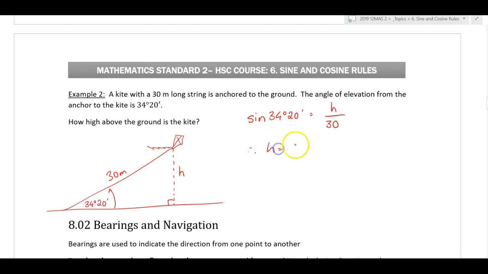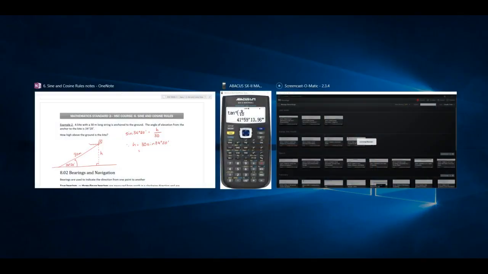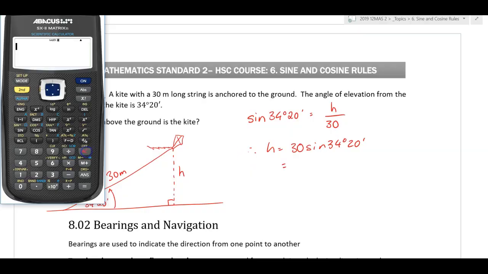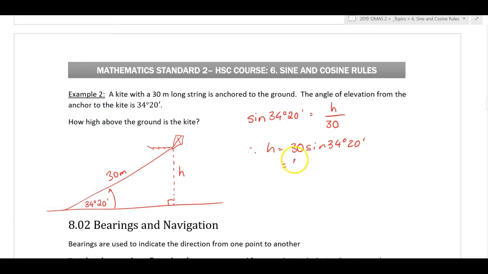Therefore, h is 30 sine 34.20, and that's equal to 16.9 meters above the ground.